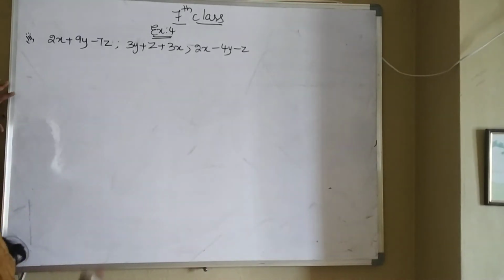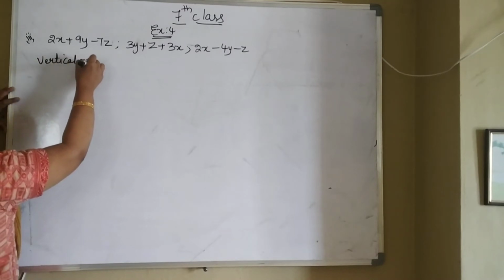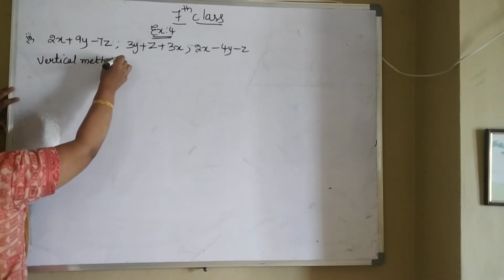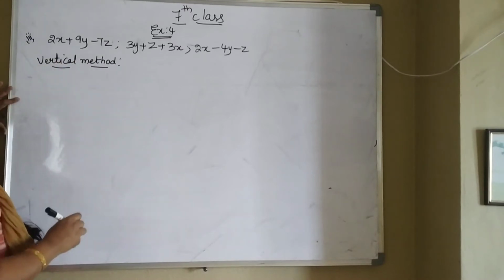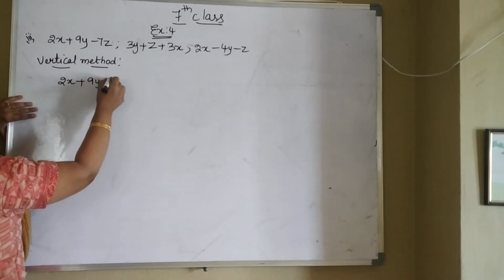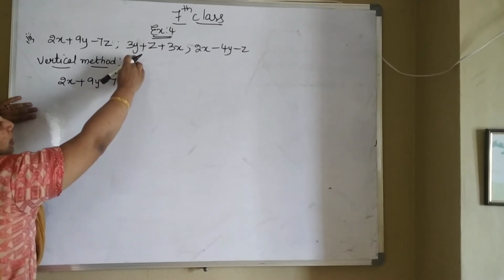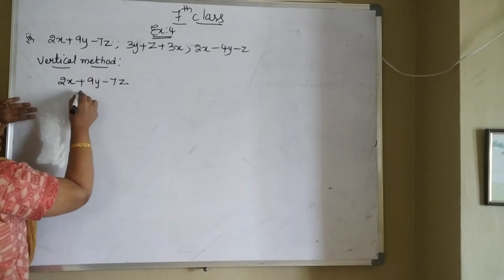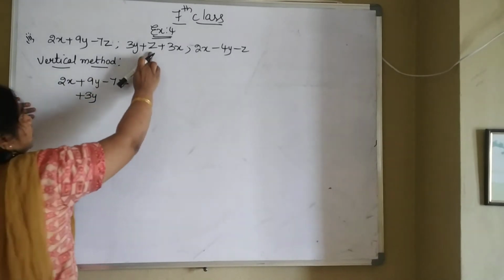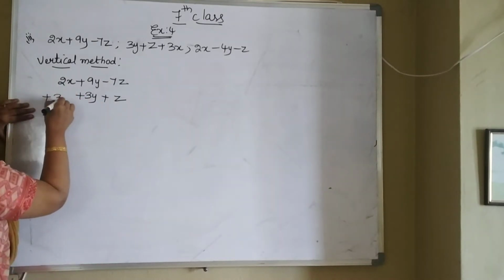Okay. So now first we will do the vertical method. So what is the vertical method? First expression: 2x plus 9y minus 7z. Next is the second expression. First the y term is there, that is plus 3y. Next the z term is there, so plus z plus 3x.